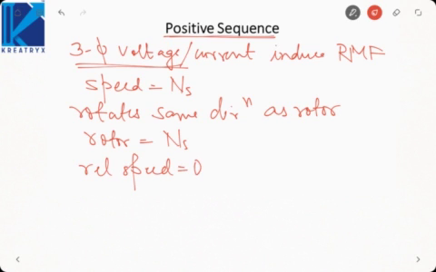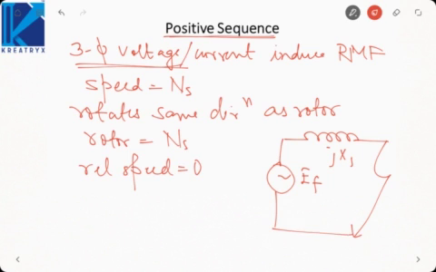Now one thing that you must clearly understand about the faults. Suppose this is EMF, this is the j-axis. Suppose a short circuit occurs here.